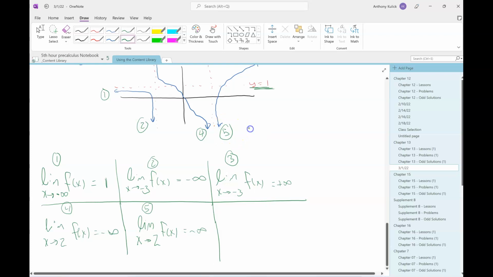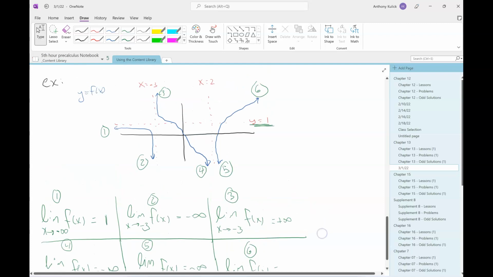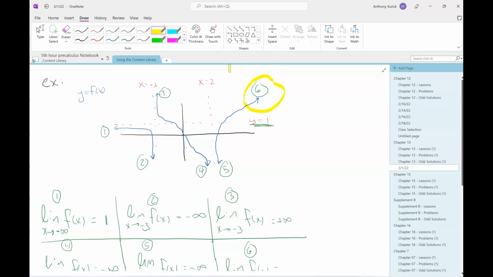And then the last one is 6. What's this one doing? x is going to +infinity, and y is going to +infinity.